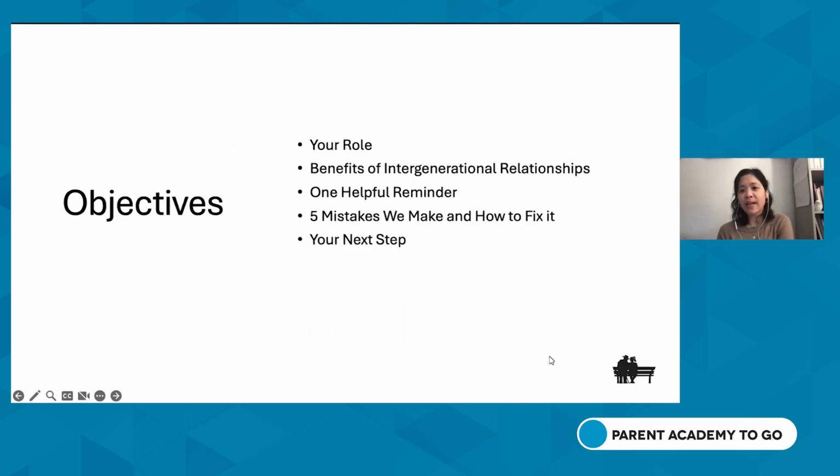Throughout our time tonight, I am going to tell you how to foster those relationships, but I'm going to first touch on what your role is in your family. I want to just really briefly cover the benefits of intergenerational relationships, because I think people often say that they are beneficial, but we don't really go too deep into that.